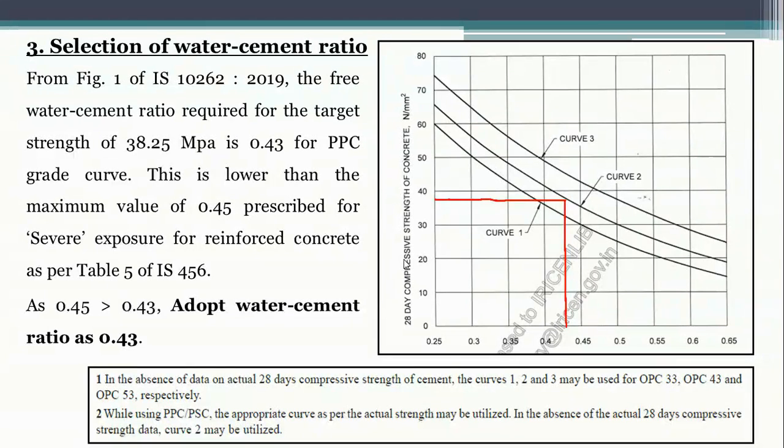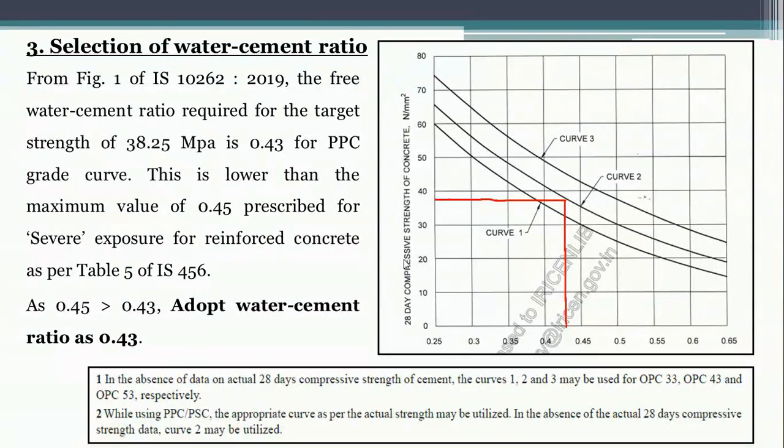Based on the 38.25 target strength and curve 2, the water cement ratio is approximately 0.43. So from the grade curve the water cement ratio is 0.43. But based on the durability aspects, what is the maximum water cement ratio?